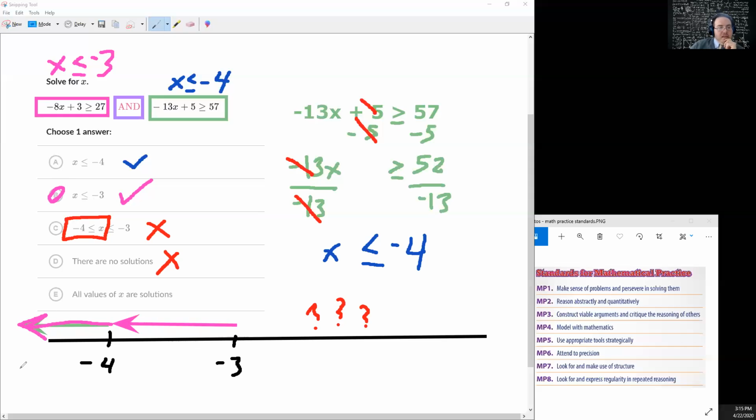If you say that x is less than or equal to -3, that will include x is less than or equal to -4. Because it said both. It said and. It's got to be both of them. So I'd say B is the best answer there.